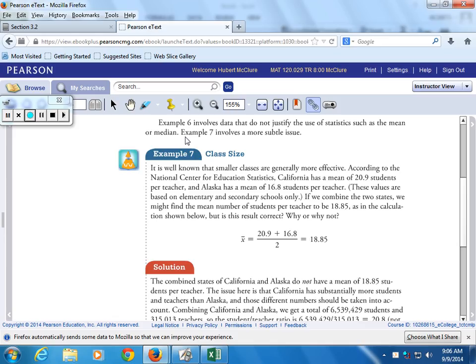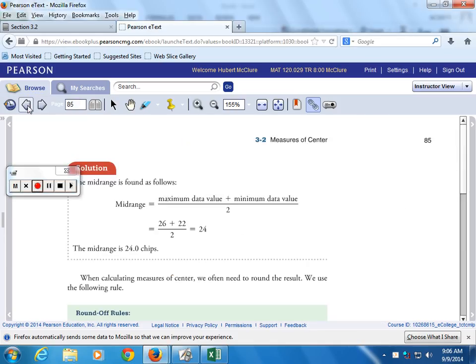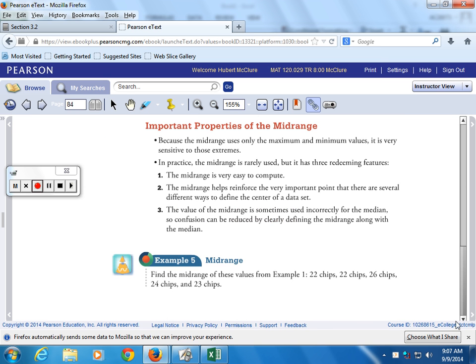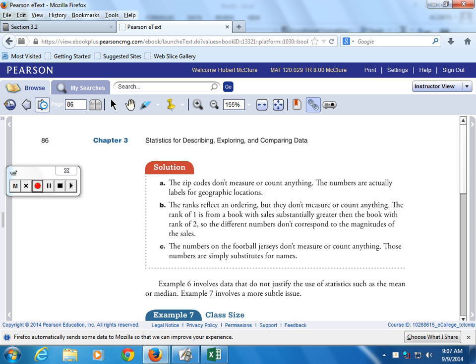It's back here somewhere. There's the mid-range. Somewhere in here is standard deviation. What am I in? 3 point what? I think it's in the next section. 3.3.